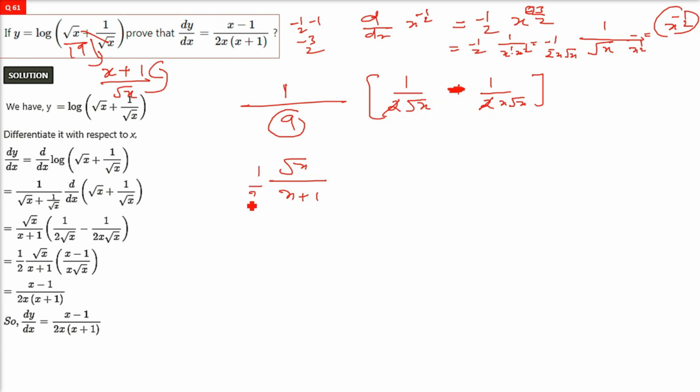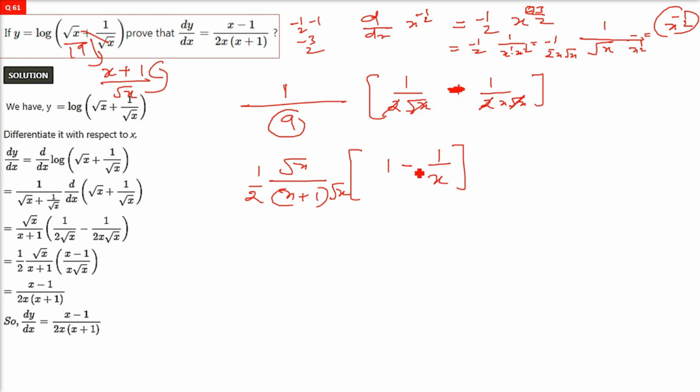1 by 2 I am taking outside. Inside this only we have 1 by root x, so I will take the 1 by root x also common. Means root x from the denominator I can take common. When I take this root x common, it will be only 1 minus 1 by x inside. That is the only thing remaining. So what do you get here?